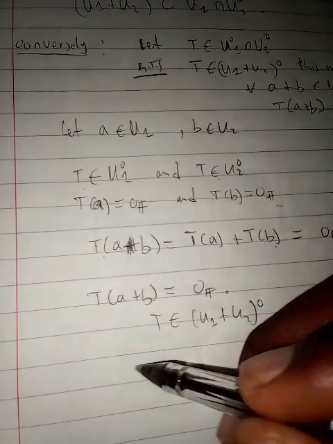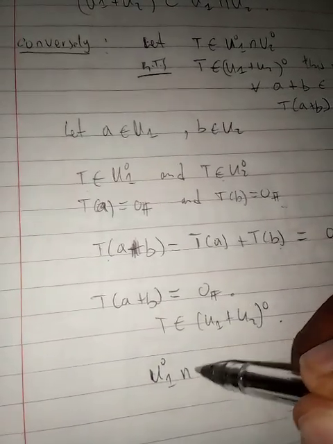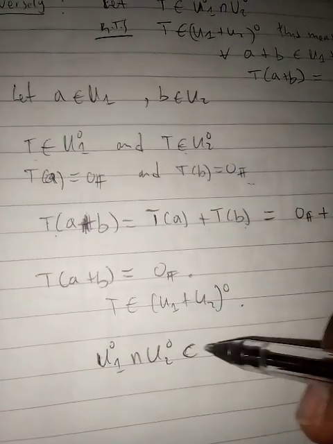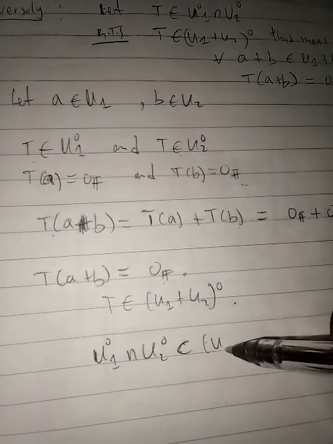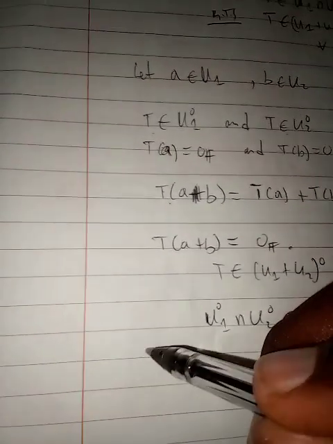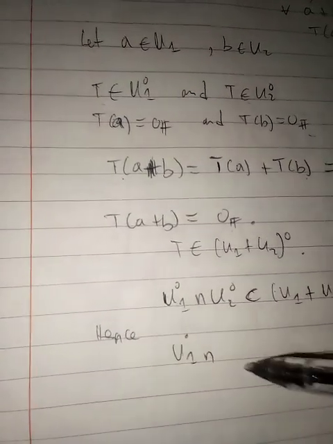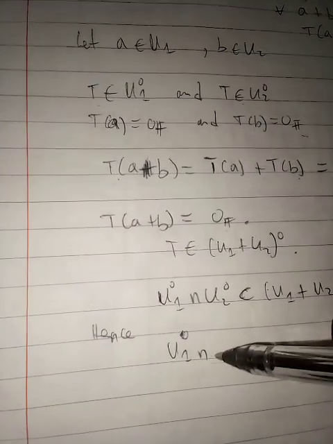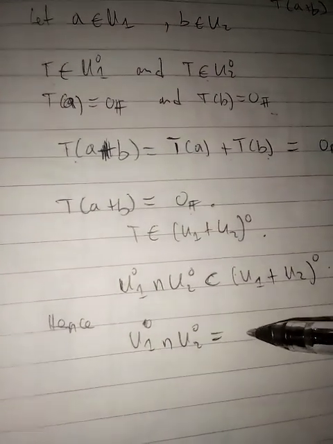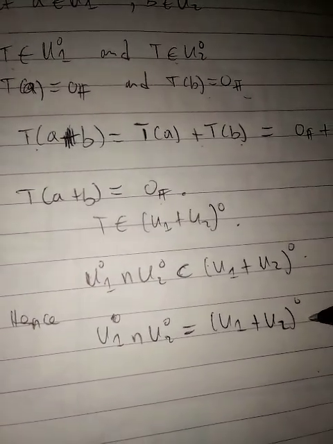Hence we can say that the annihilator of u1 intersection the annihilator of u2 is contained in, is a subset of, the u1 plus u2 annihilator. Hence the equality follows. Yeah, this is where the annihilator of u1 intersection annihilator of u2 is equal to the u1 plus u2 annihilator.